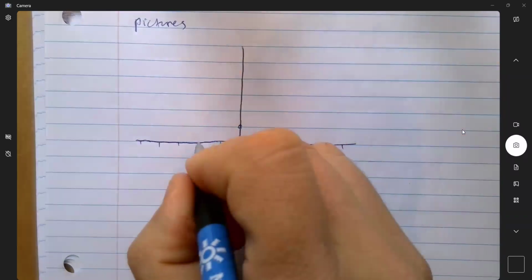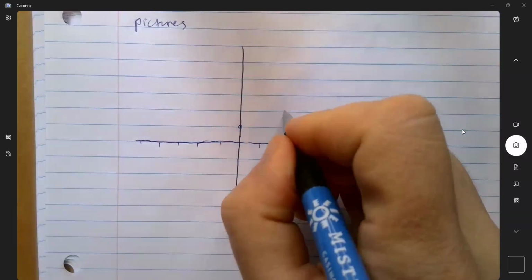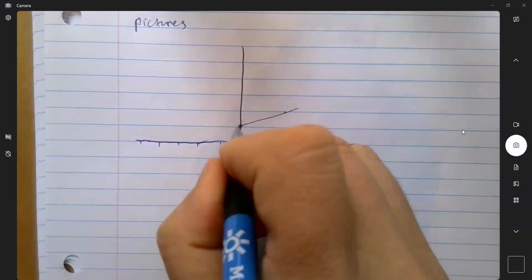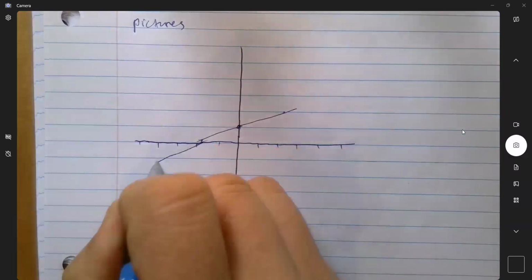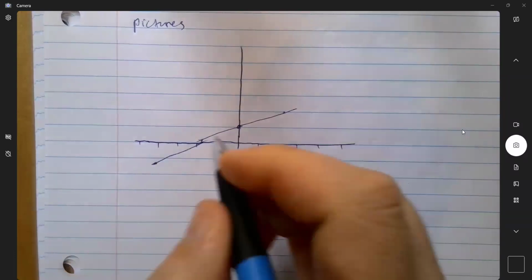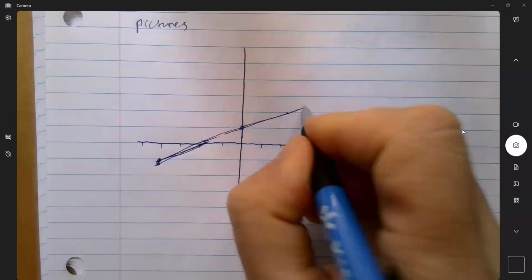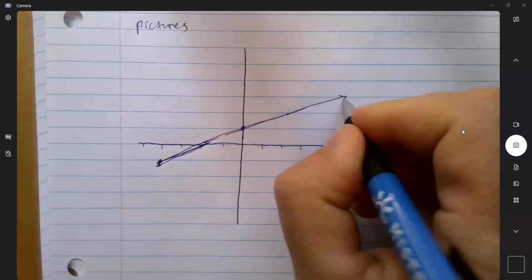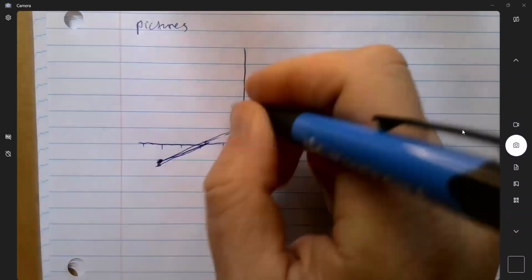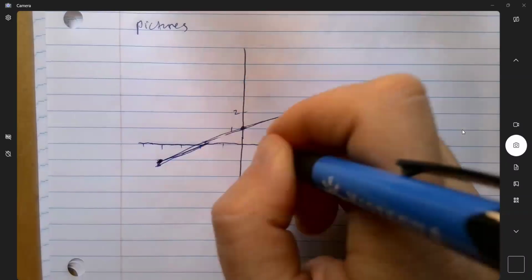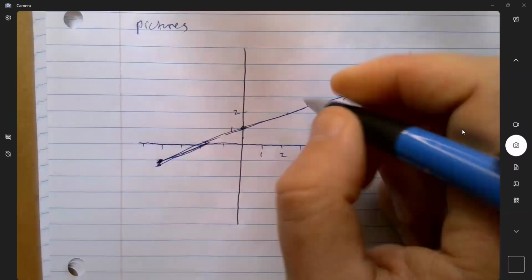Let's take a line that goes like this. One, two, three, four.